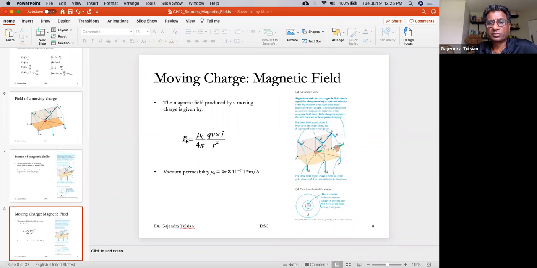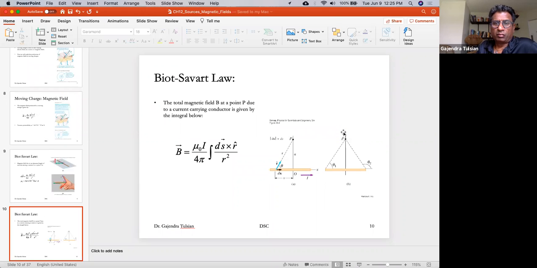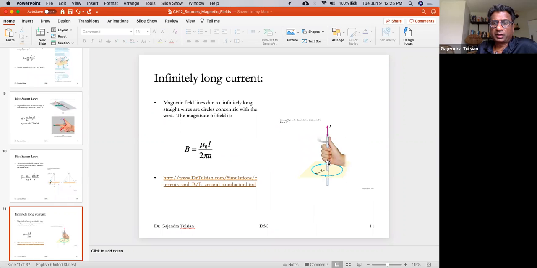This formula gives you the magnetic field from a moving charge of charge Q. The field strength falls off as 1/r². We saw that a current carrying conductor is a whole bunch of charges, and so the fields due to each of those charges add up.